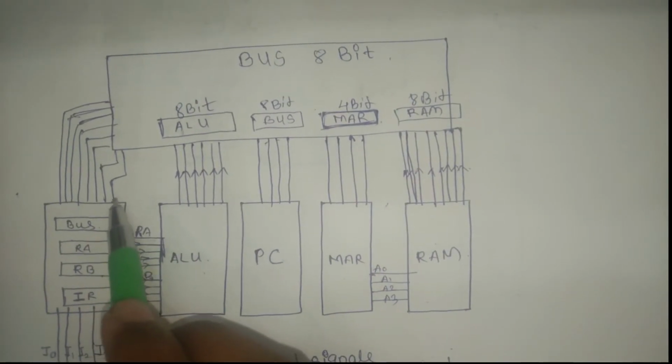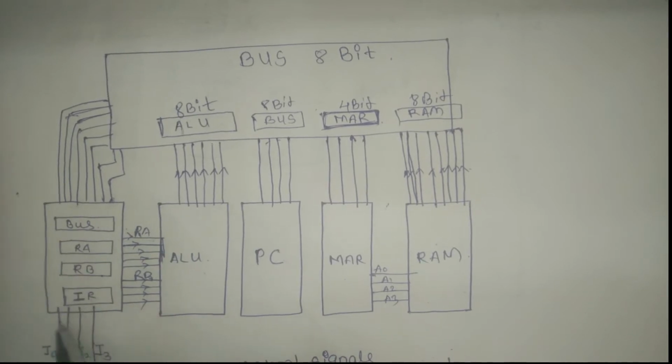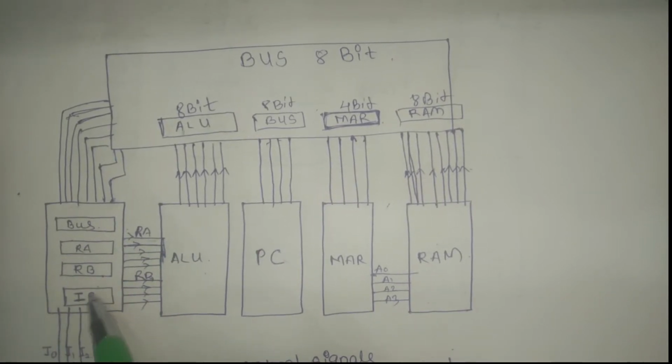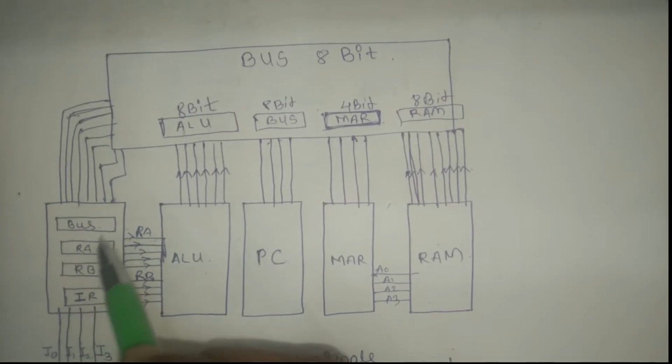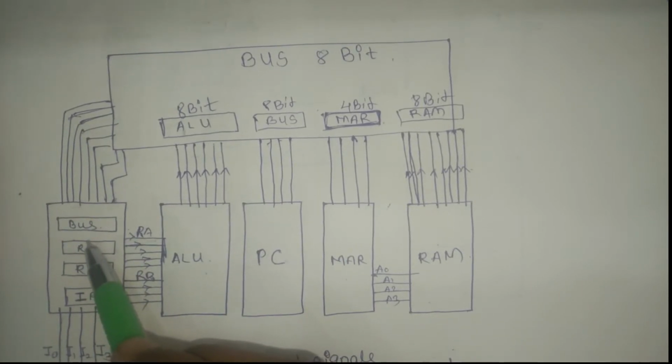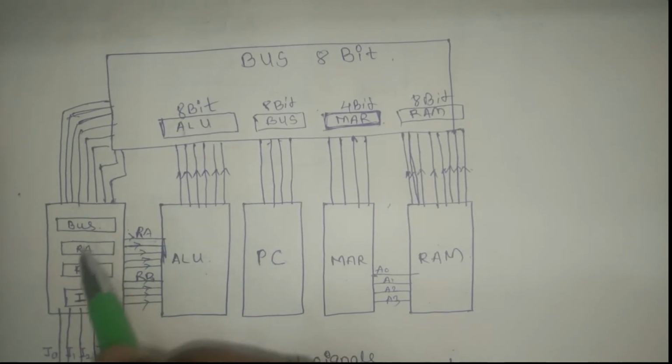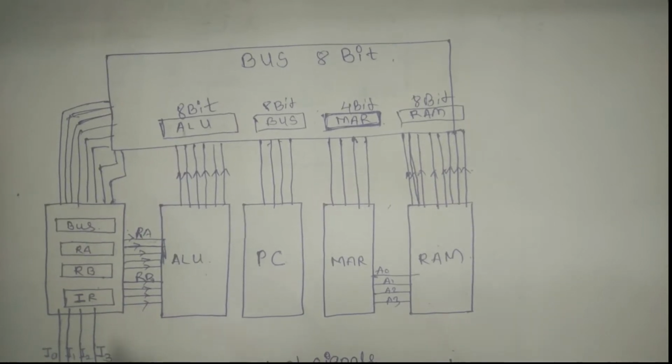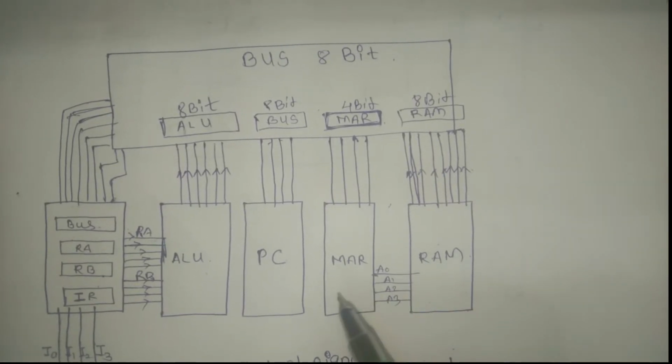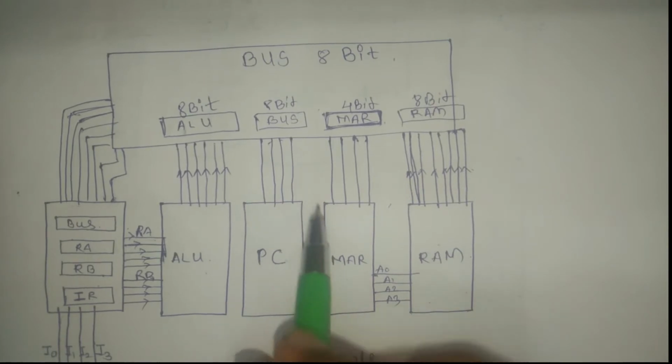I have discussed everything we need for register A, register B and the instruction register, the control flow, how they will take in data, how the control signal will be passed to them, and how they will output the data. So this is how our bus will be connected to each component.